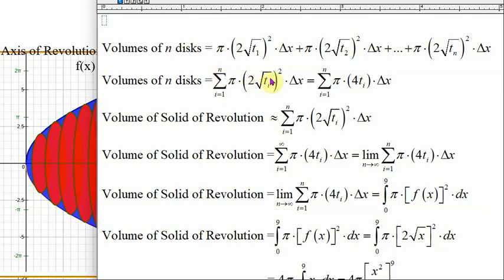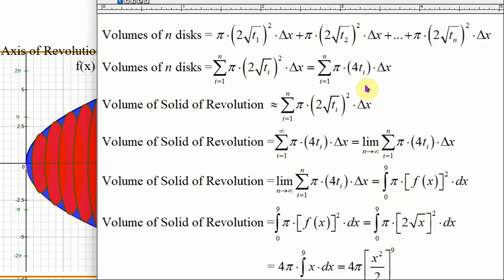Here we can simplify 2 times the square root of t sub i, squared, to just 4 t sub i. This is the volume of n slices, and so the volume of the solid of revolution would be approximately equal to this sum. It is just an approximation of the volume of the solid.